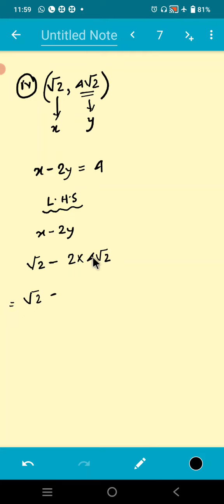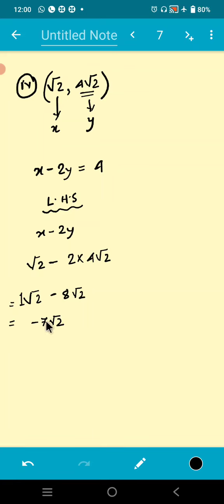Now definitely we can multiply this 2. 2 4s are 8, 8 root 2. Now with root 2 we have 1. So 1 root 2 minus 8 root 2 will give you what? Minus 7 root 2. 8 minus 1 is 7. Since 8 is greater than 1, and 8 has the minus sign, I have given minus 7 root 2.